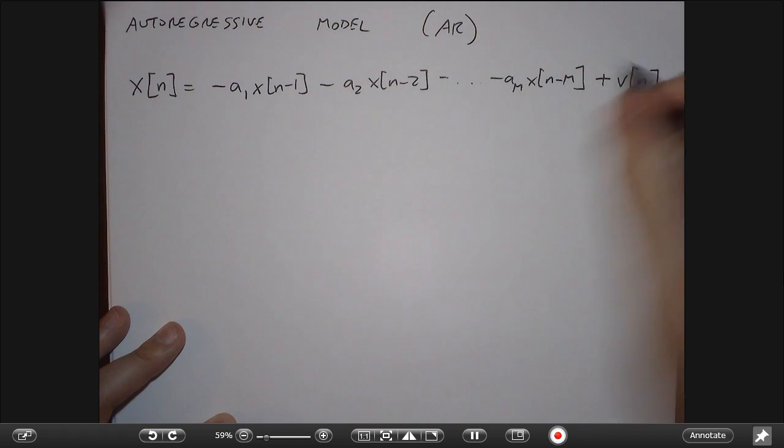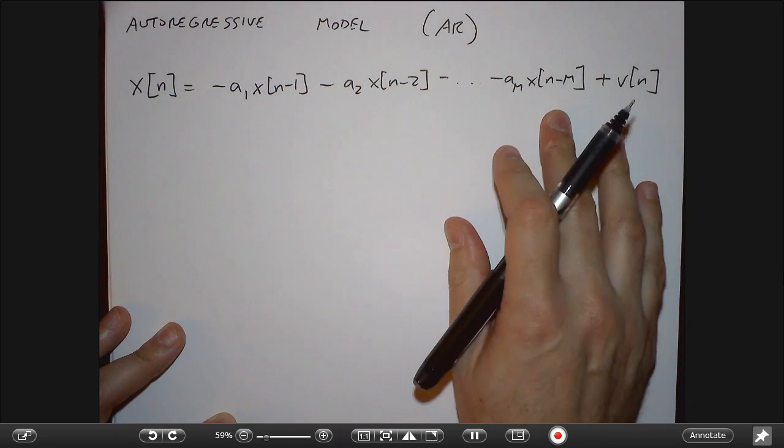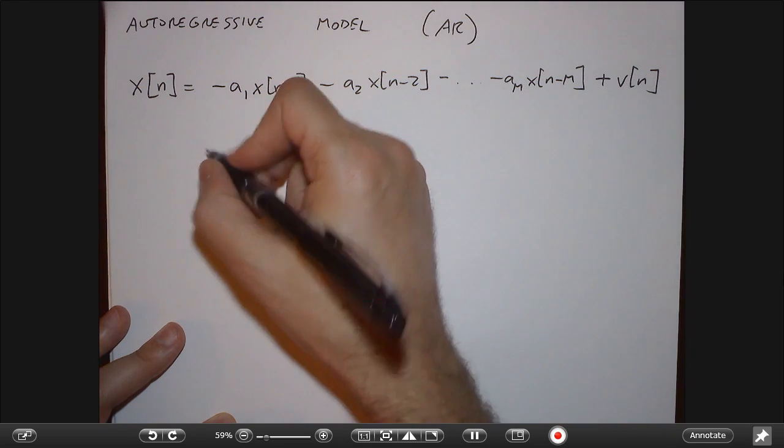So my current value of the signal is some linear combination of the previous values plus some error term, and that error term, again, is assumed to be Gaussian.